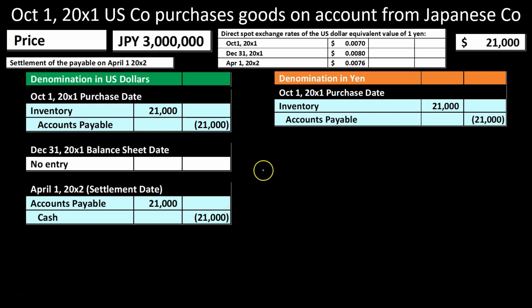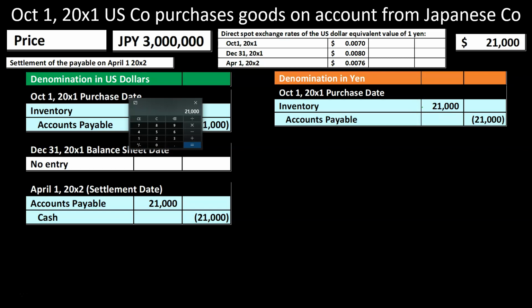Now let's say that we're going to be purchasing this thing, but we're going to be paying for it in foreign currency. What's the added step? What's the added problem that's going to happen here? Well, we're still going to put the inventory on the books, but we're not going to be paying for it in dollars. We're going to be paying 3 million yen. So if we're going to pay 3 million yen, I'm going to put that on the books and recognize the payable at 3 million times the current exchange rate or spot rate, which will be the 21,000. So we're still going to record the inventory at 21,000, but we're not going to be paying $21,000.